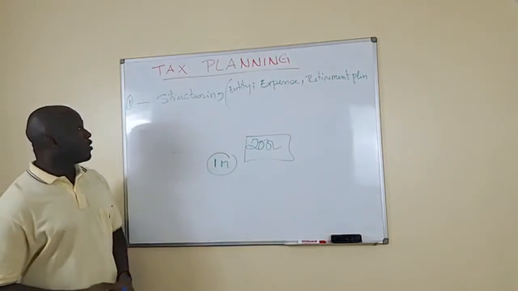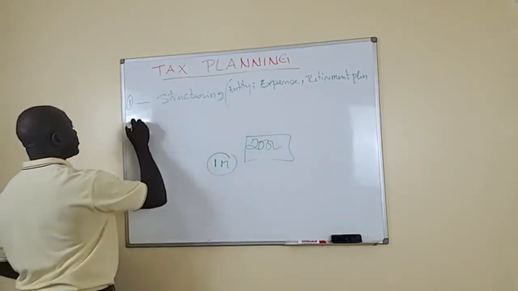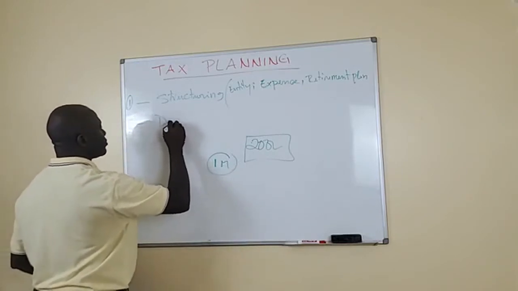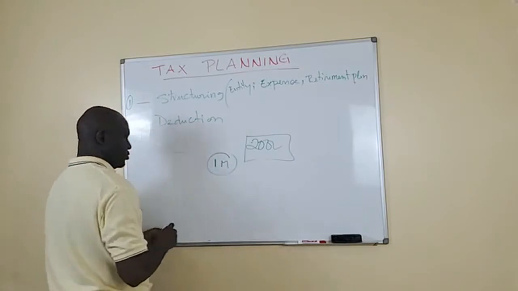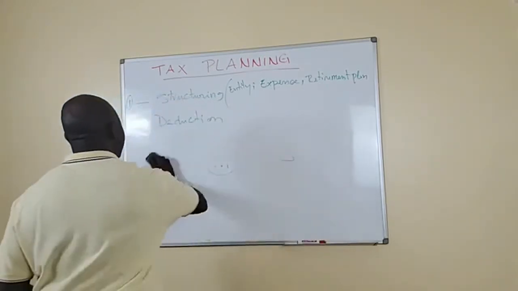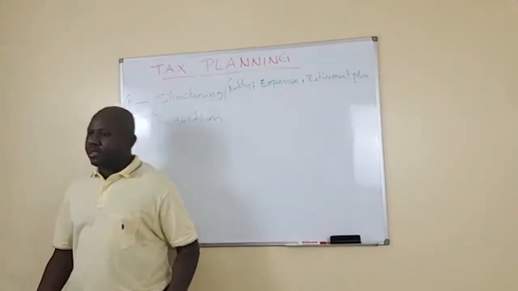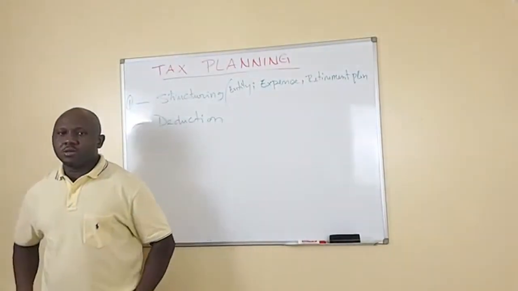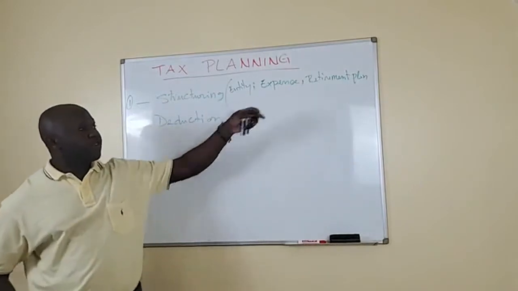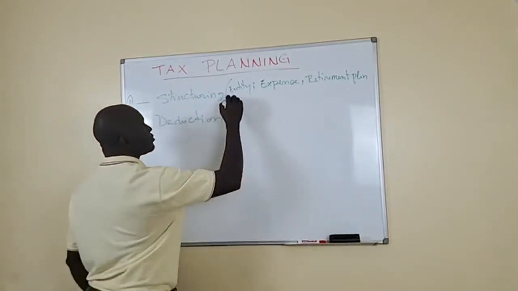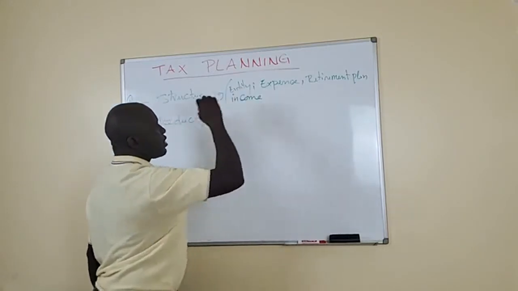The other main factor here is deduction. In your tax planning, you are taking deductions. Some deductions you are taking are not just expenses; I have to put income as well.